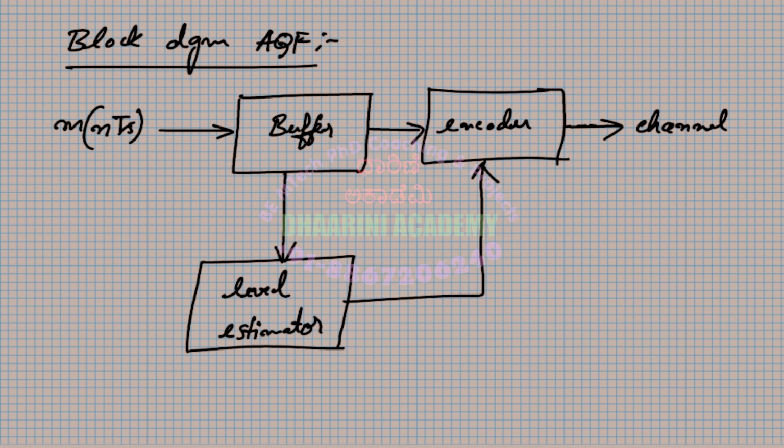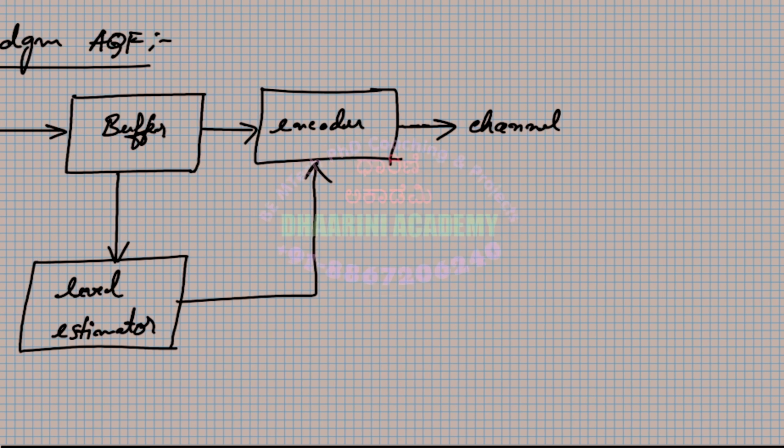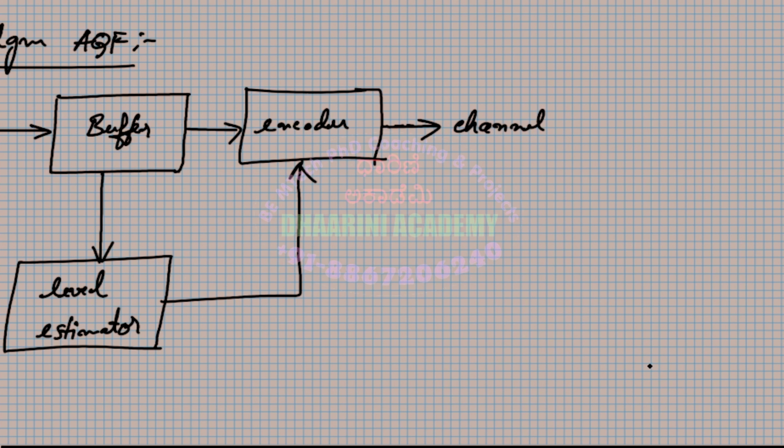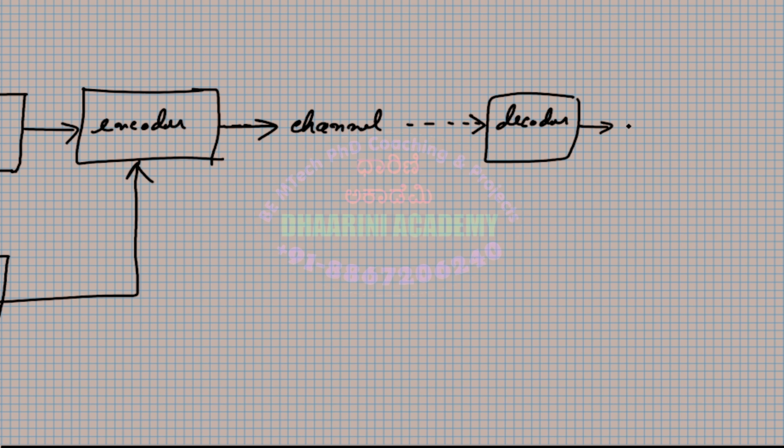I have written the shorter diagram, but if you get a slightly different diagram in the textbooks, don't worry, that will be something like this. They will give this to a decoder, and the decoder will provide you an output. This is what they are showing, how the decoding will happen. The decoding also uses another part which comes from the level estimator.